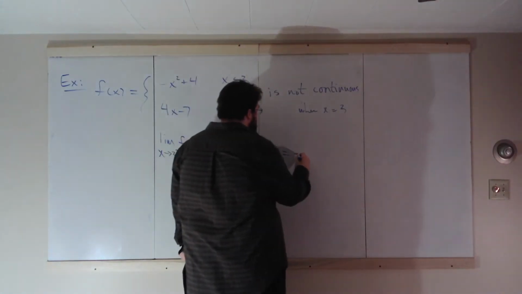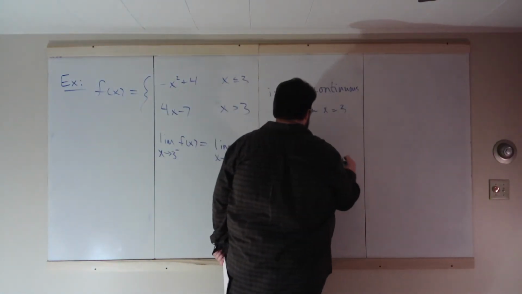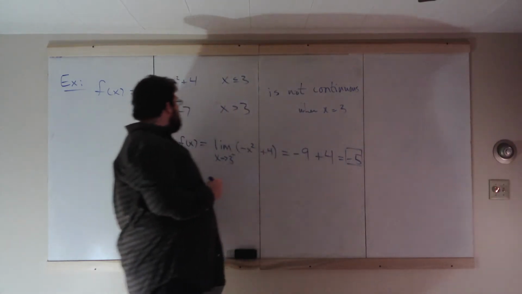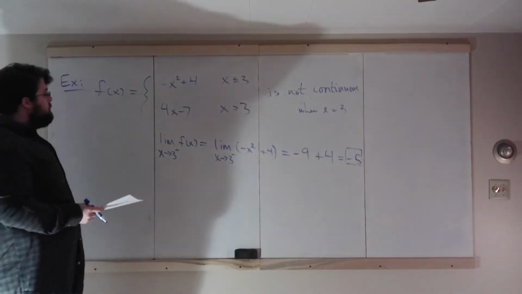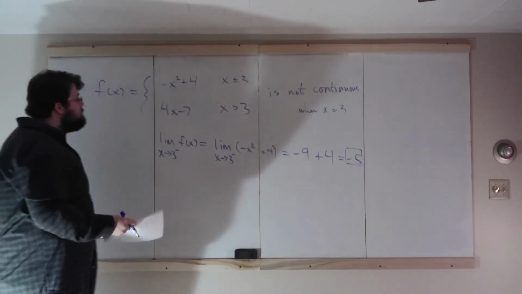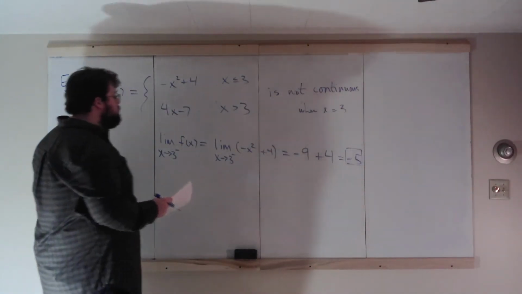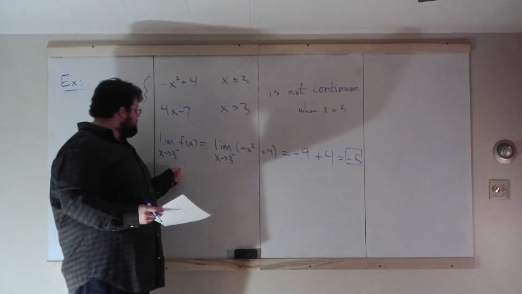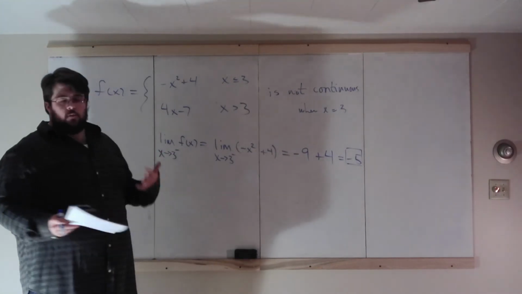We get negative 9 plus 4, which is negative 5. Okay? So for this to be... Oh, okay. I've looked at that too quickly. For this to be continuous at 3, the limit as x approaches 3 from the right would have to equal negative 5.